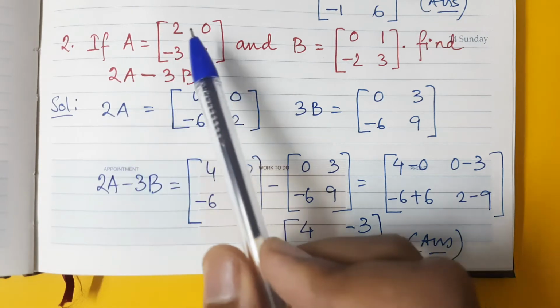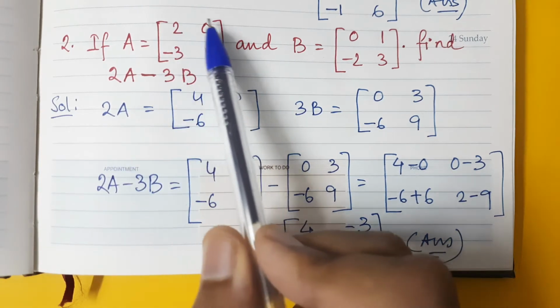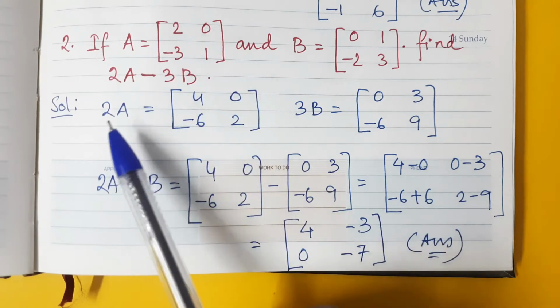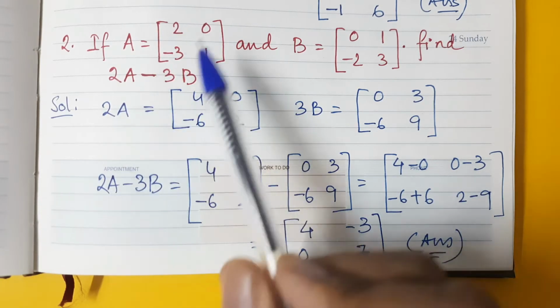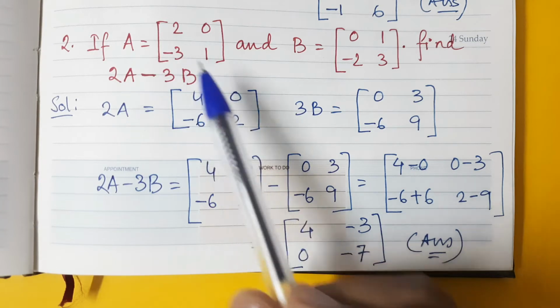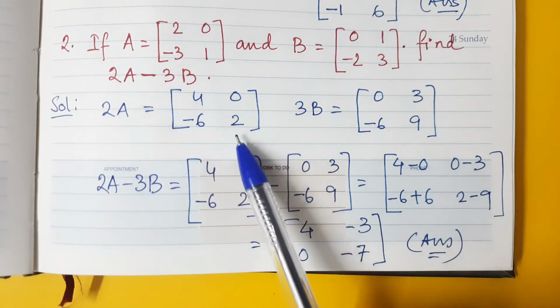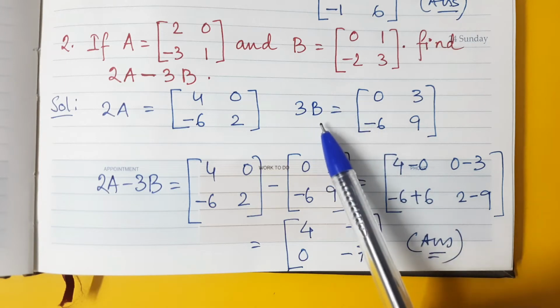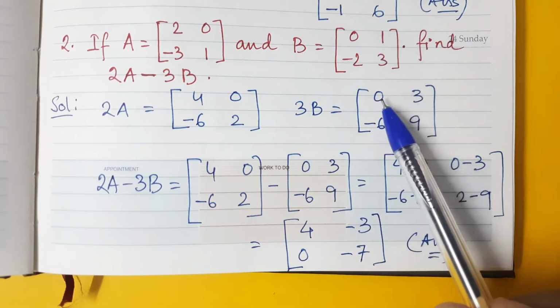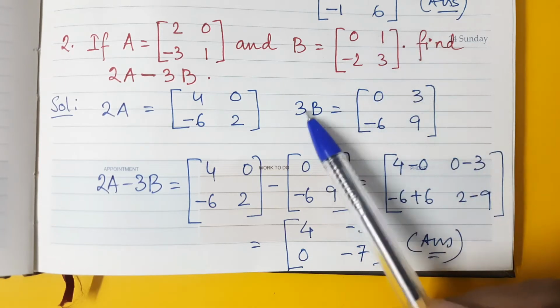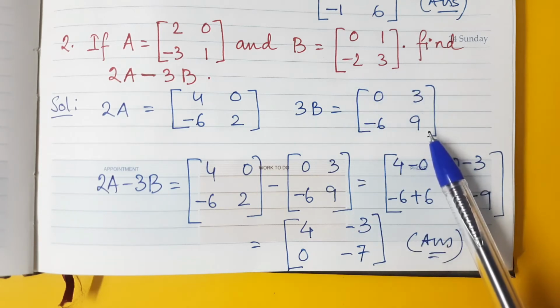That means you have to multiply every element of this matrix by 2. So 2 into 2, that is 4, 2 into 0, that is 0, 2 into minus 3, that is minus 6, 2 into 1, that is 2. Similarly this is 3B, 3 into 0, that is 0, 3 into 1, that is 3, 3 into minus 2, that is minus 6, 3 into 3, that is 9.